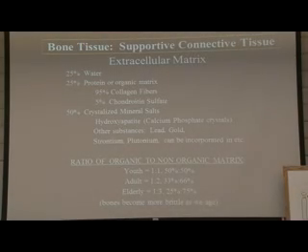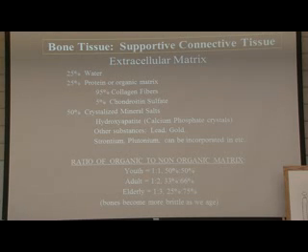Right. So let's talk about the extracellular matrix. So we have cells, osteoblasts, osteocytes, and they secrete a matrix. When we did connective tissue, what we said was the matrix was a fiber, and so we could have elastic fibers, reticular fibers, and collagen fibers.